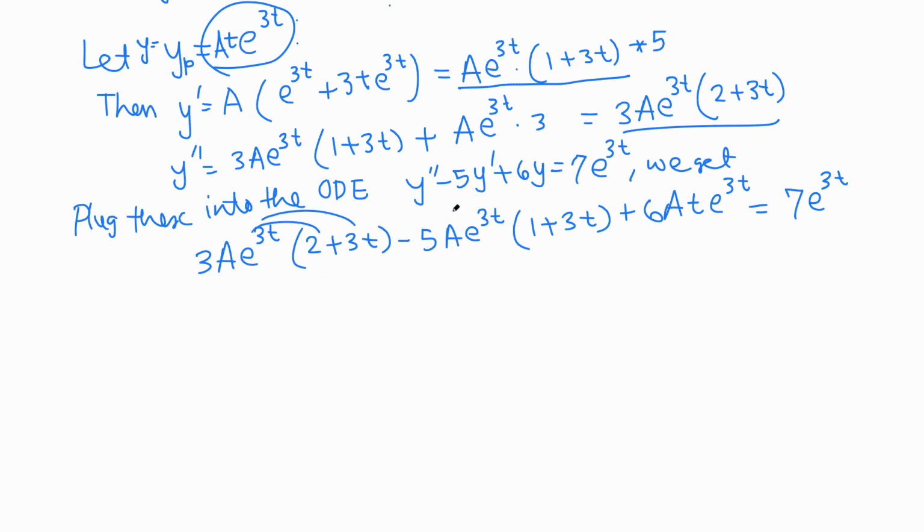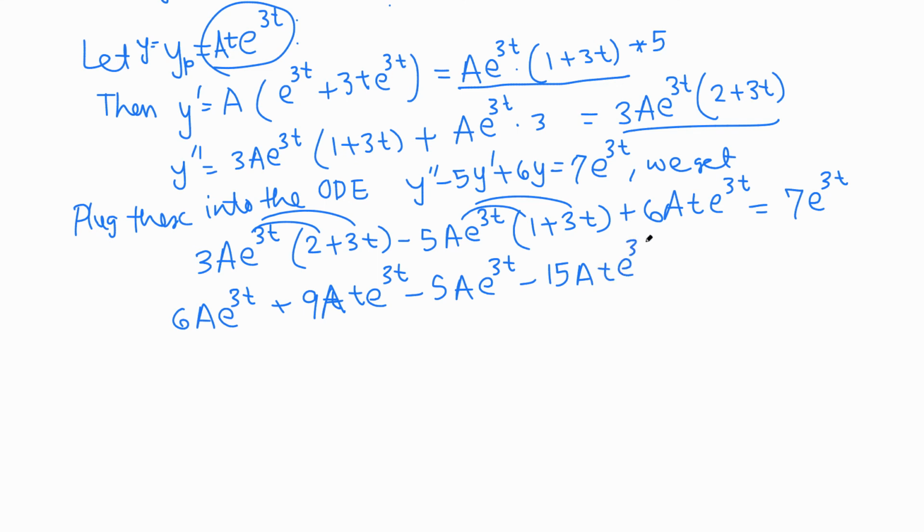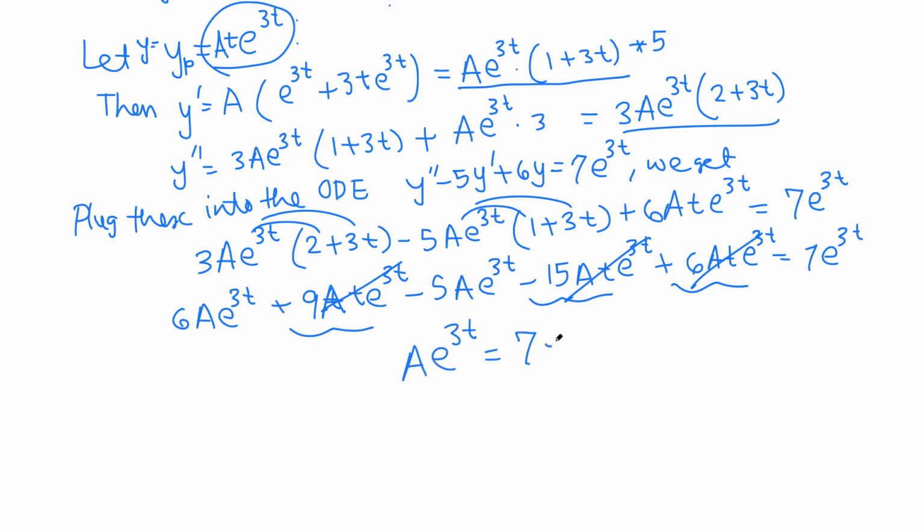Now we need to distribute and combine. This is 6a e^3t plus 3 times 3, 9at e^3t, minus 5a e^3t, minus 15at e^3t, plus 6at e^3t equals 7e^3t. So we have 9at, negative 15at, plus 6at: 9 plus 6 is 15, minus 15, so these cancel. Then 6a e^3t minus 5a e^3t, just 1a e^3t, equals 7e^3t.